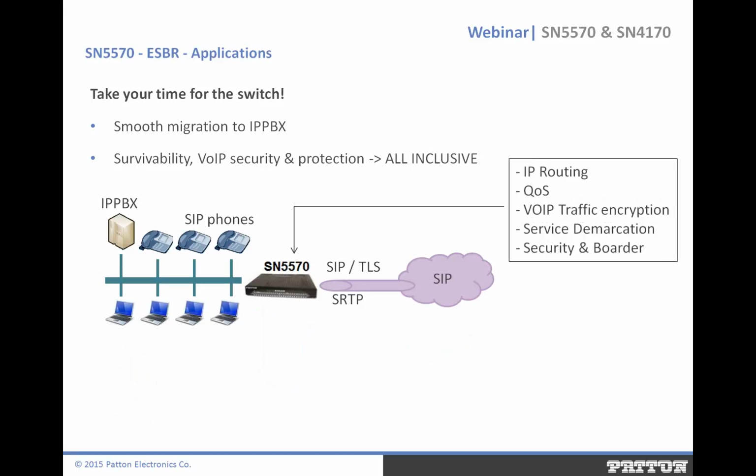And if considering all IP as the final stage, where that particular customer gets rid of the ISDN PBX, the 5570 still stays at the same location, being responsible as indicated here for VoIP security. It will act as a QoS or IP router, and it's there to protect the LAN side, the IP PBX, from fraud strikes coming from the internet.